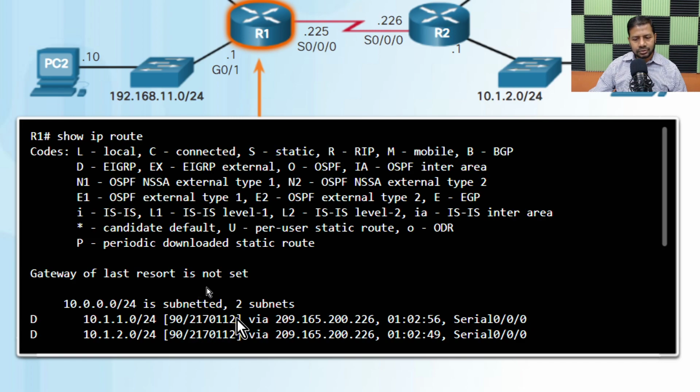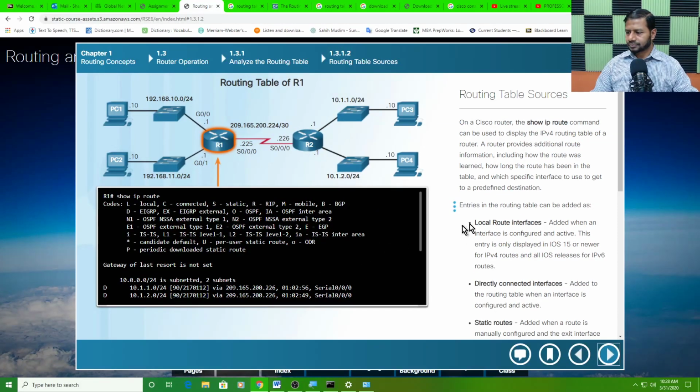It's just a value, it is not the administrative distance. It's just a value that the computer automatically computes based on other factors. So its administrative distance is 90. To go to that network, you have to go via this other router. That's the next router, 209.165.200.226. And it has been learned for this long time. It has to go through serial interface 0/0/0. That's it. So let's move on.